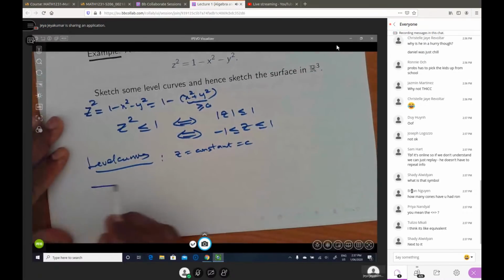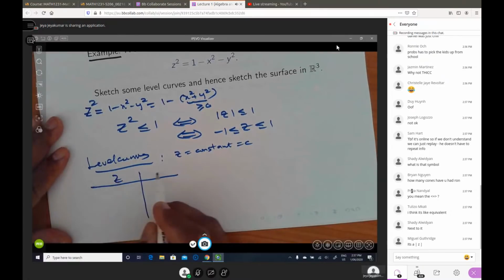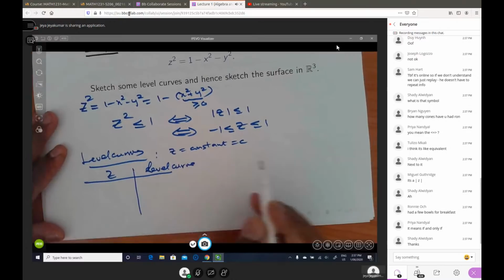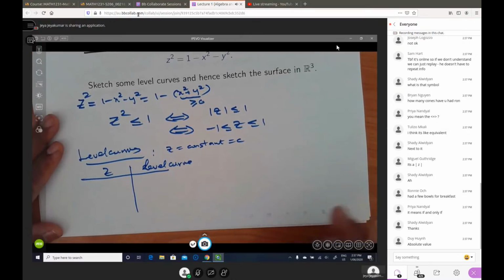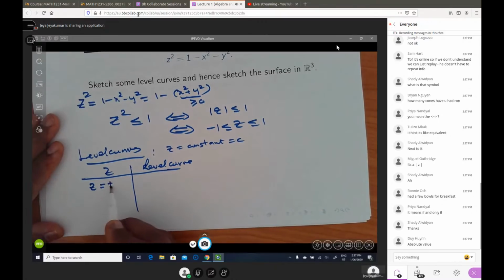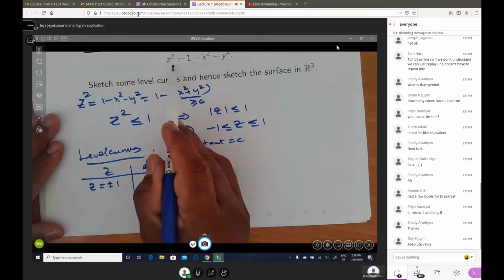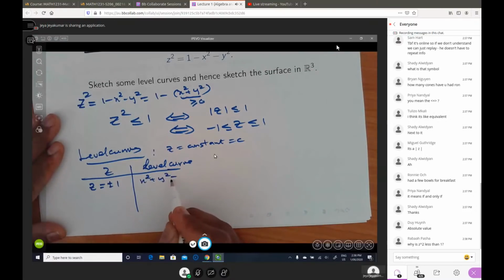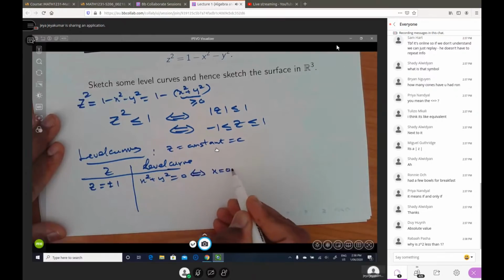So z values and the level curve. For example, let's say z is plus or minus 1. When you put z equals plus or minus 1, you get x squared plus y squared equals 0. So that means x equals 0 and y equals 0.